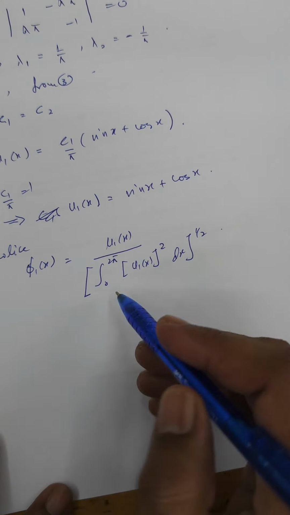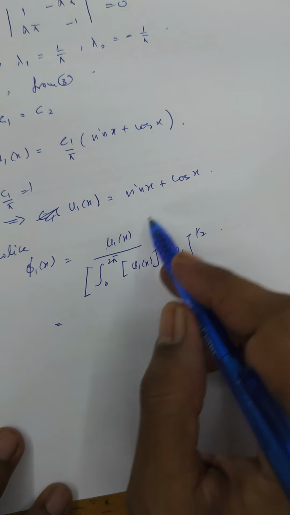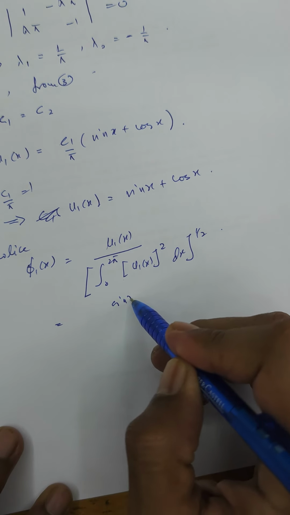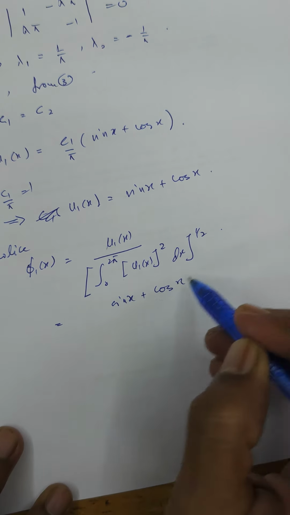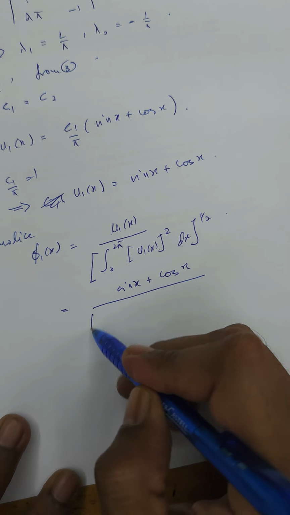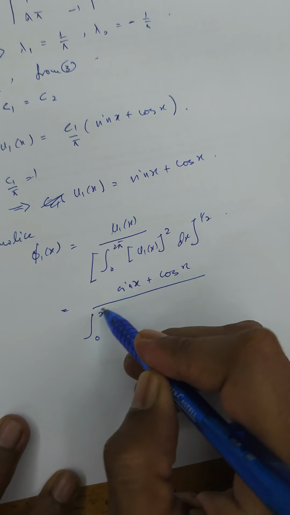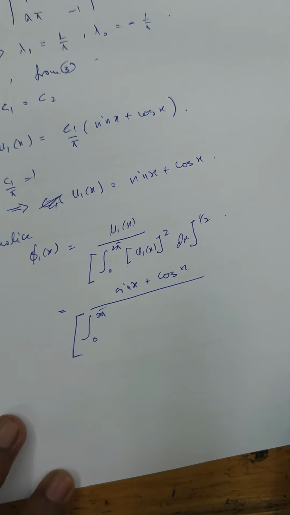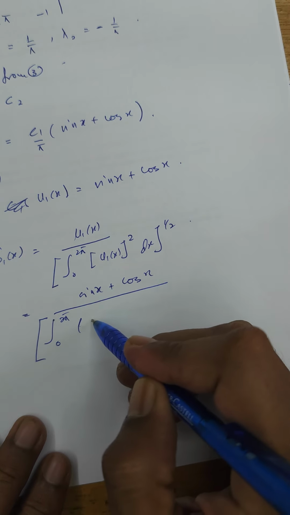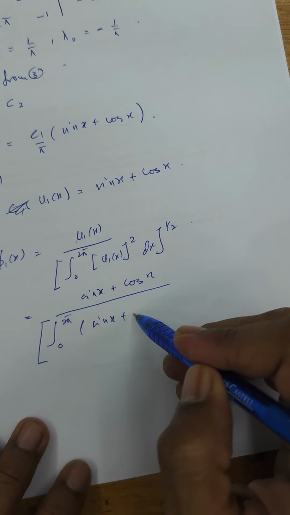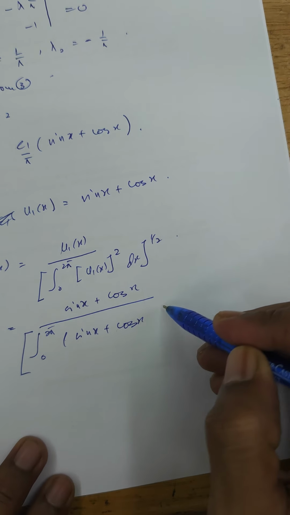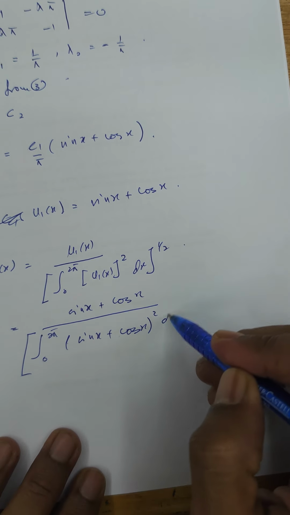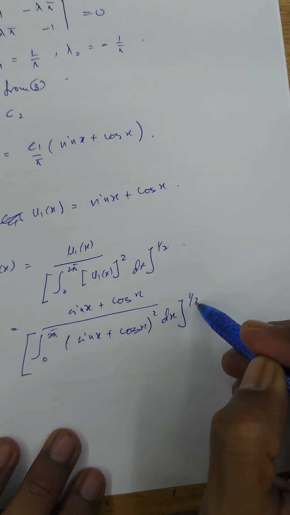So if you do this, U1 is sin x plus cos x over the square root of the integral from 0 to 2 pi of (sin x plus cos x) squared dx.